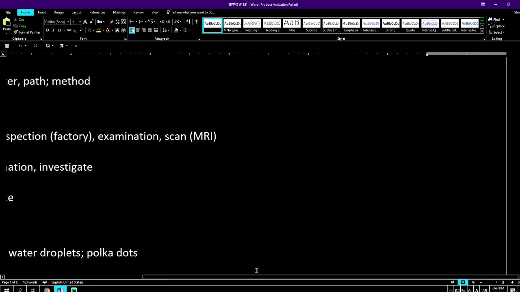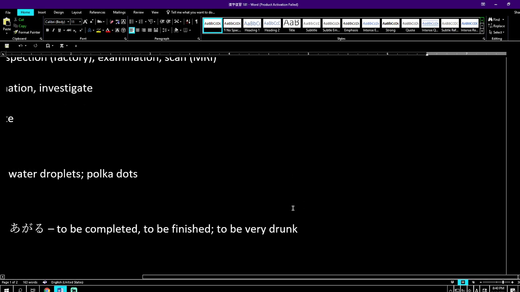Water droplets are mizutama, literally balls of water, or polka dots. To be completed, to be finished, is dekiagaru. So to do as much as one can do, dekiru, and agaru, as in you've raised it or filled it up as much as it'll go.